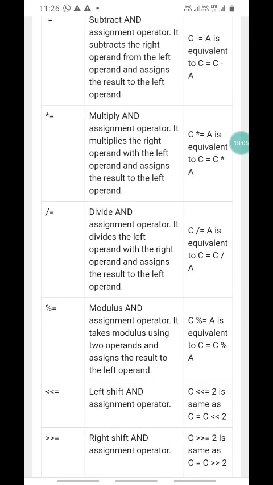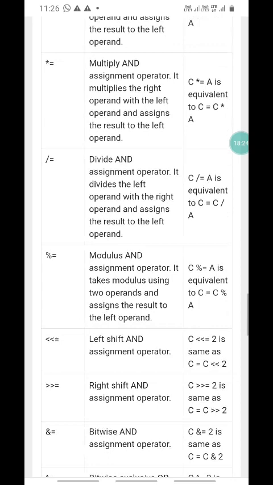Then modulus equals, the modulus and assignment operator. It takes the modulus using two operands and assigns the result to the left operand. That is, C modulus equals A is equivalent to C equals C modulus A. Then left shift and assignment operator.